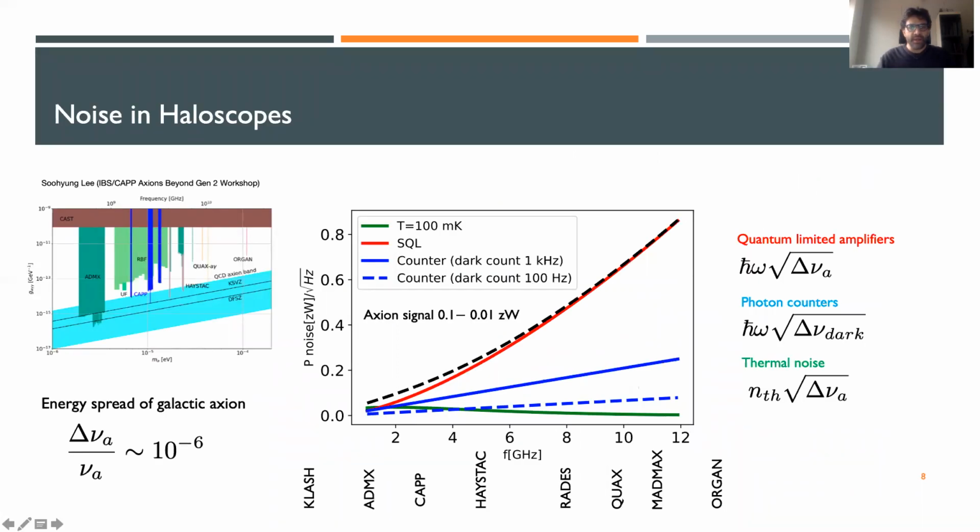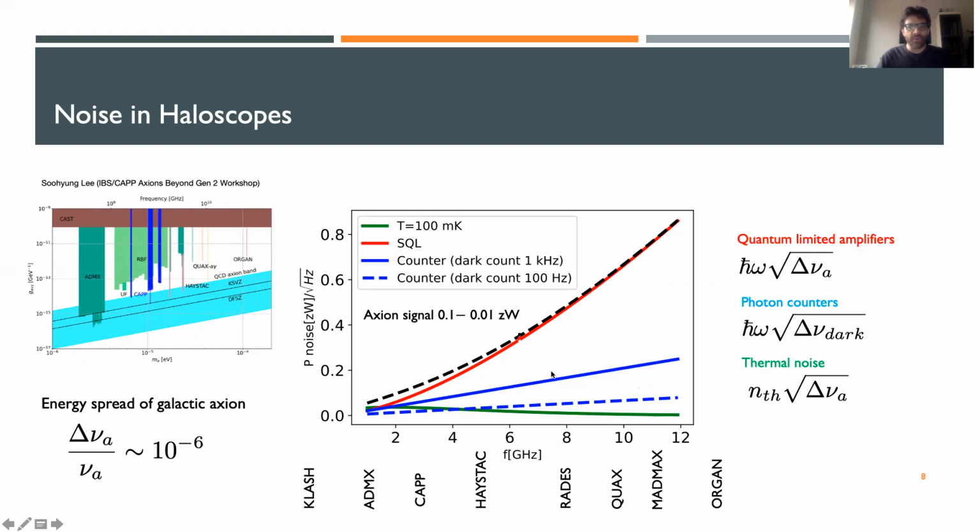So in this picture, I'm showing different kinds of noise contributions that enter in a haloscope search. You have in green the thermal noise. You have in red the standard quantum limit. This is a function of the frequency, and I report here the names of different haloscopes that work at different frequencies, just to understand the different role the noise has in different experiments.